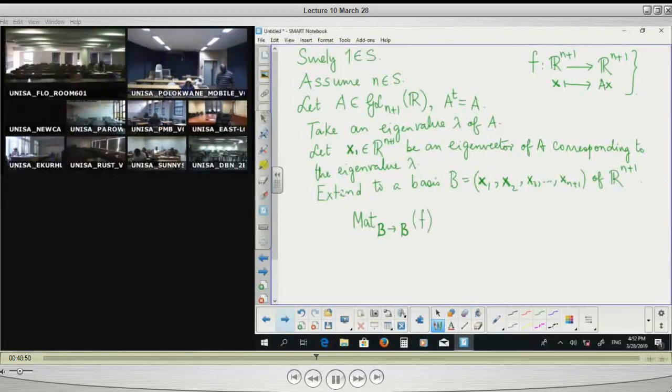This. Remember, matrix of A. So the eigenvalues of F and eigenvalues of A are all the same, right? That's how we define. So what's the matrix of F?